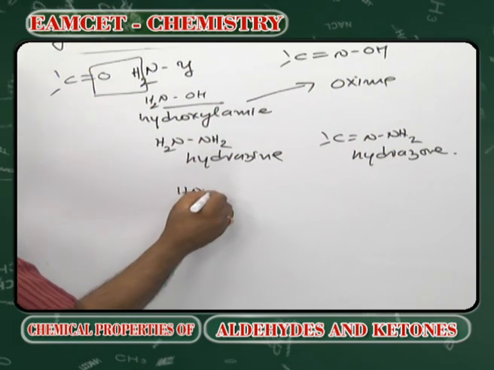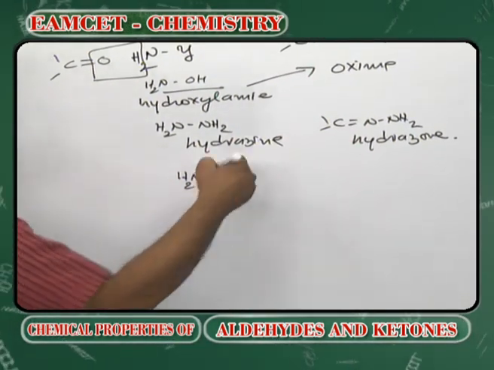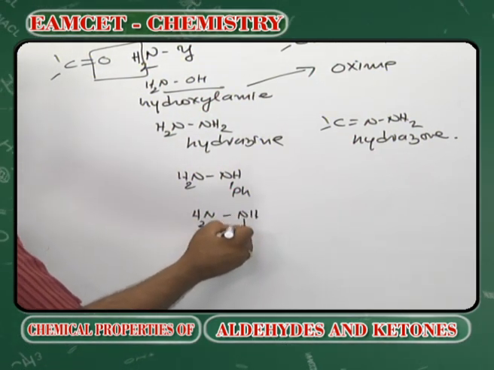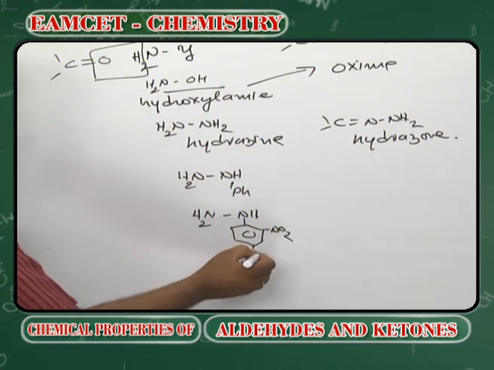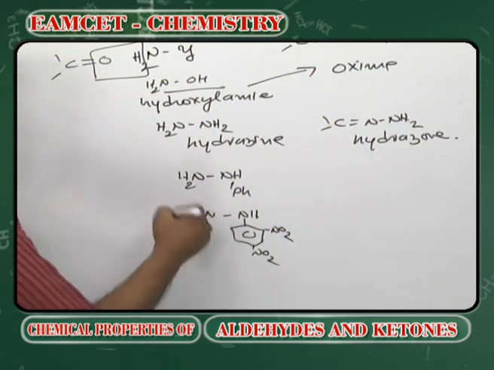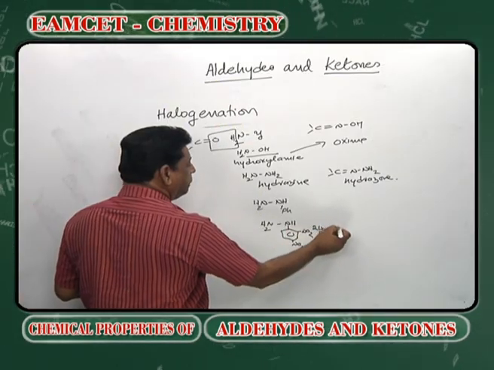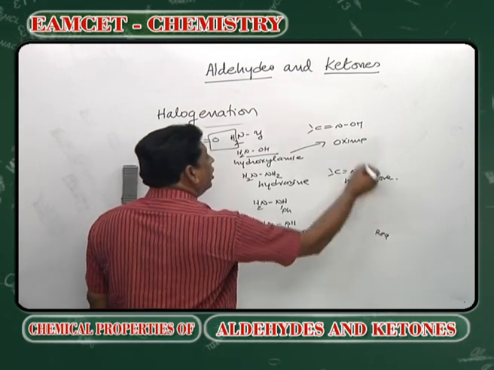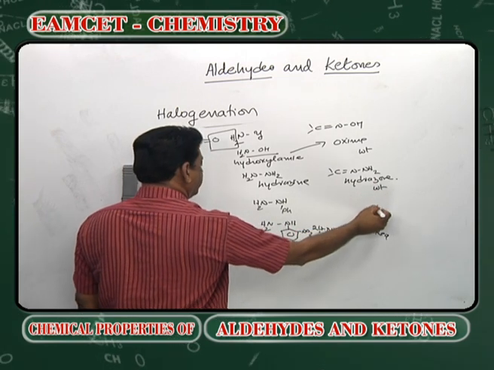NH2 with NH phenyl is called phenylhydrazine. You will get a phenylhydrazone. NH2 with NH and a phenyl with two nitro groups is known as 2,4-dinitrophenylhydrazine. This is also called 2,4-DNP. This is orange color, and the derivative will be a red color one. Rest of all the others are white color precipitates.